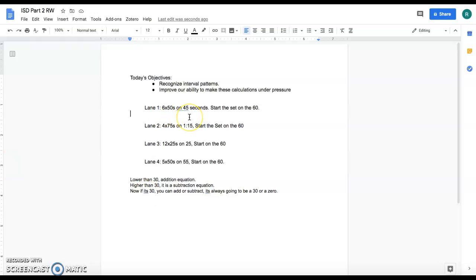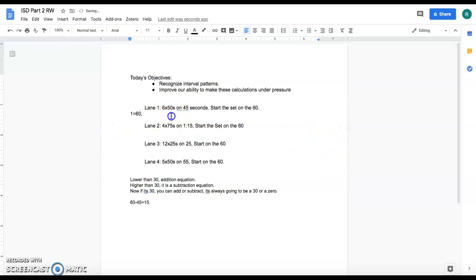So let's delve into the first set. Obviously we have the first repetition, and that's going to be on the 60. Let's take a look at the second one here. We have 45 seconds, and that's higher than 30, so this is going to be a subtraction equation. The way that works is you take the difference between 45 and 60, which gives you 15.